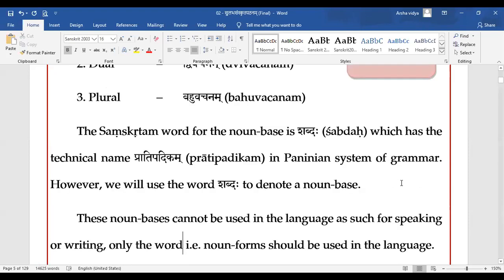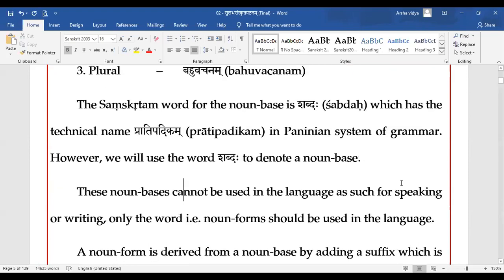Now, about Shabdas, that is noun bases. The Shabdas cannot be used in the language as such for speaking or writing. These Shabdas must be converted to a Padam. What Padam? Nama Padam, as we have already seen.